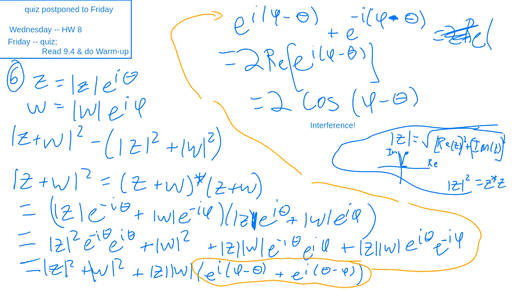Everywhere there's an i, you replace it with a minus i. So that was what I was doing in order to calculate this over here. We happy with that? Cool.